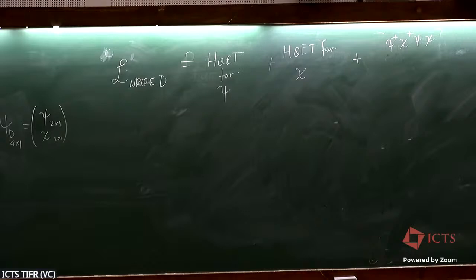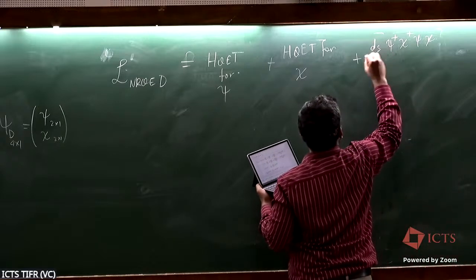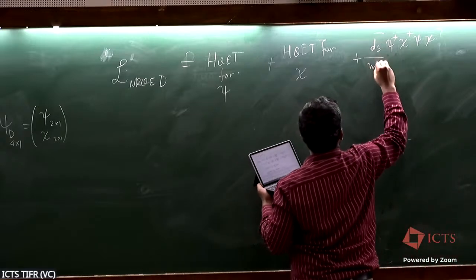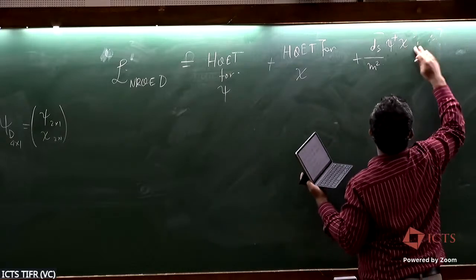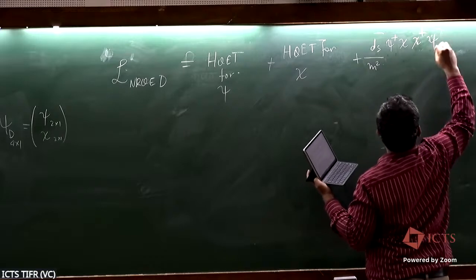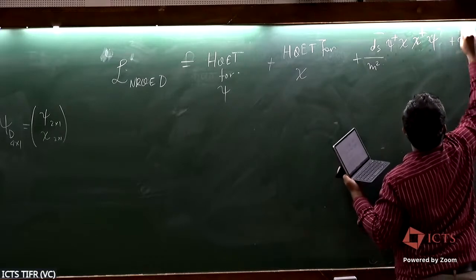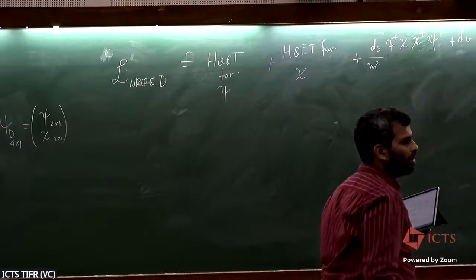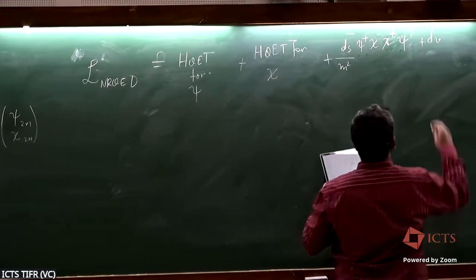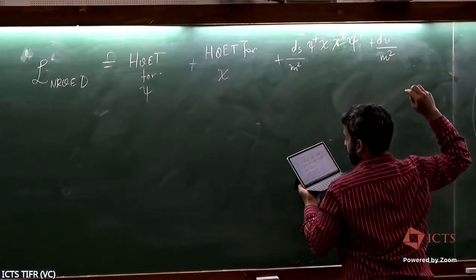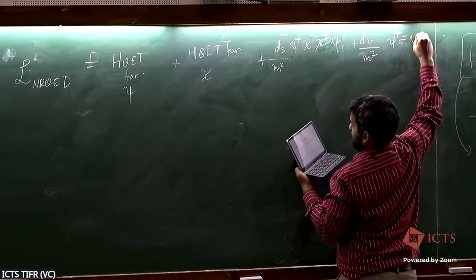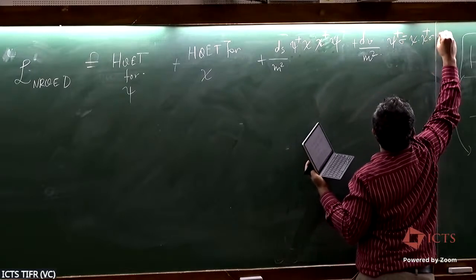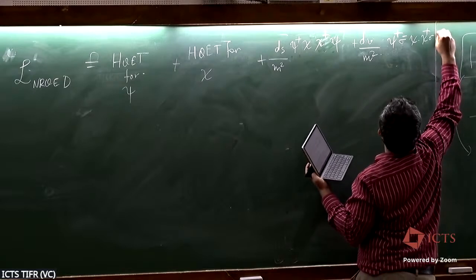You have coefficients like ds square, ds by m square, psi dagger chi, chi dagger psi, chi dagger sigma psi.